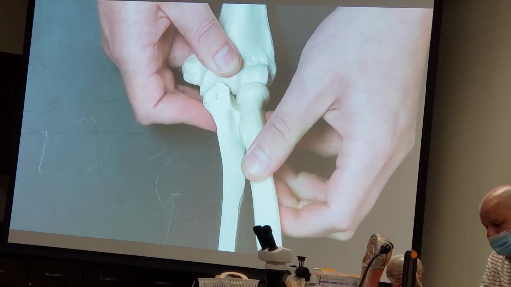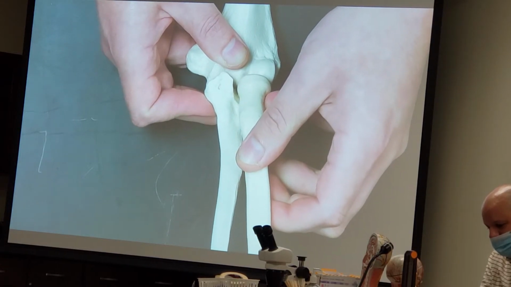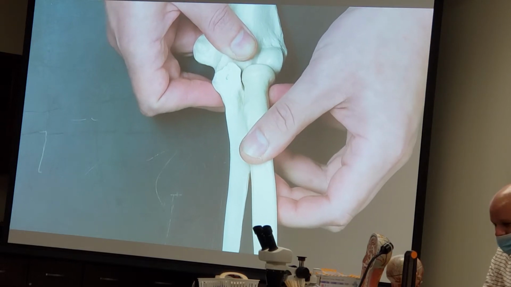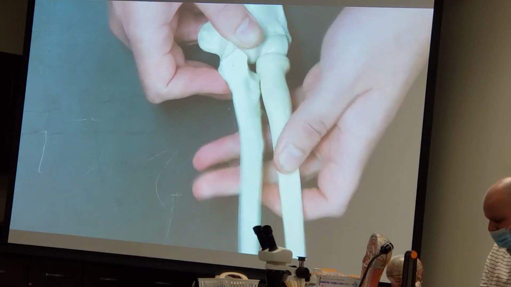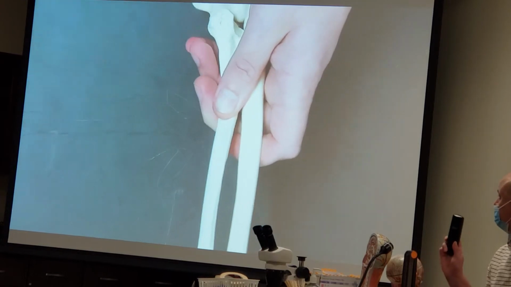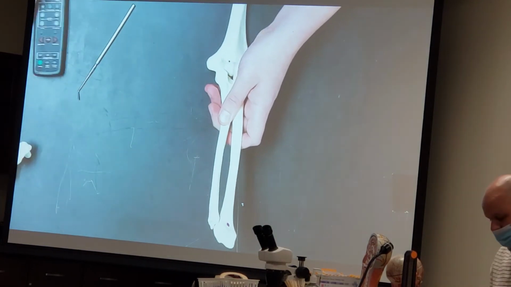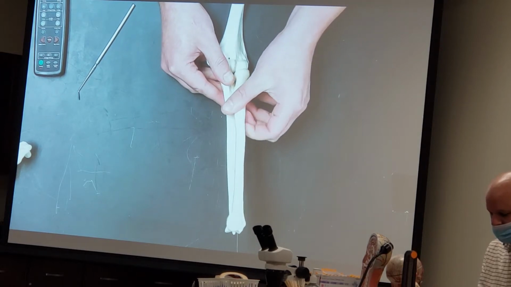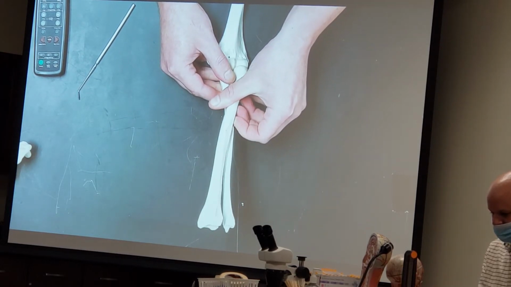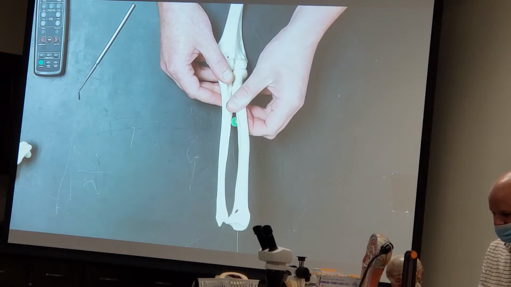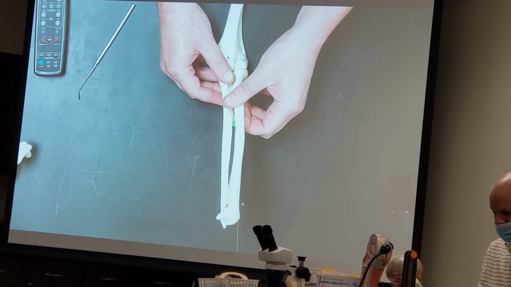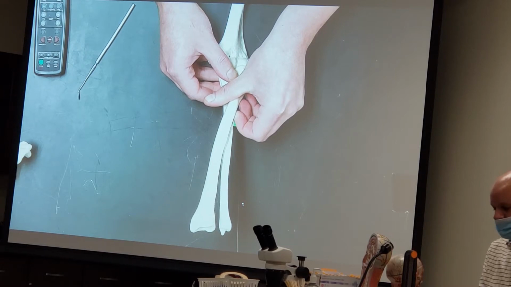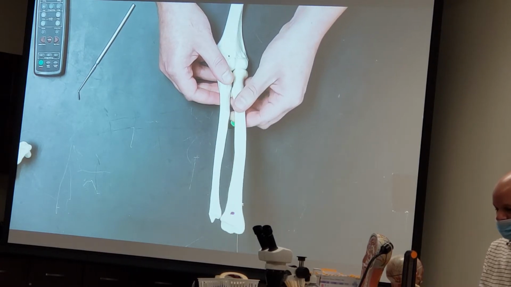When pronation occurs, the radius will move like so over the ulna during pronation. So that is pronation, and that is supination.